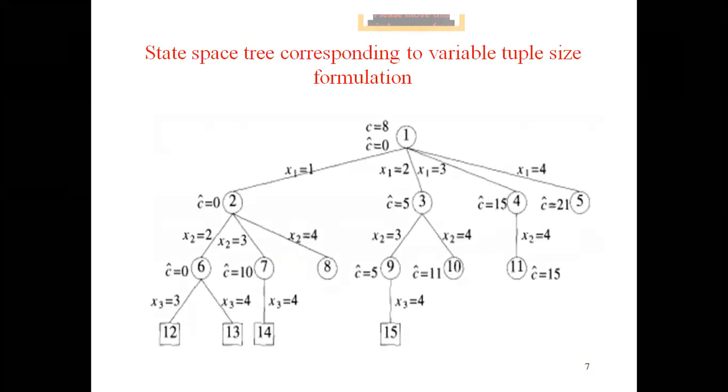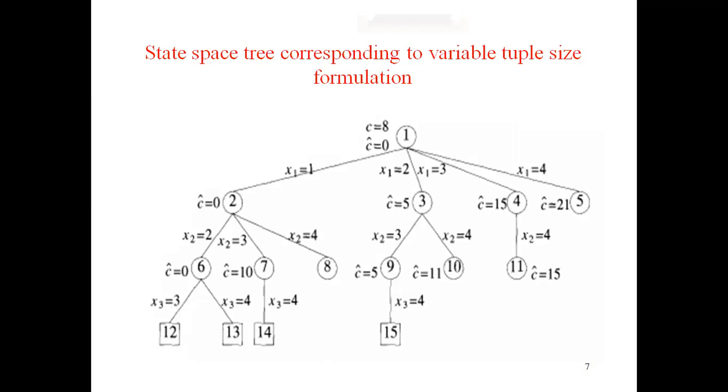Already I explained what is a lower bound. Now see our state space tree corresponding to a variable tuple size formulation for the problem job sequencing with deadlines. So before going to this state space tree, we can check what our job sequencing with deadlines problem is.